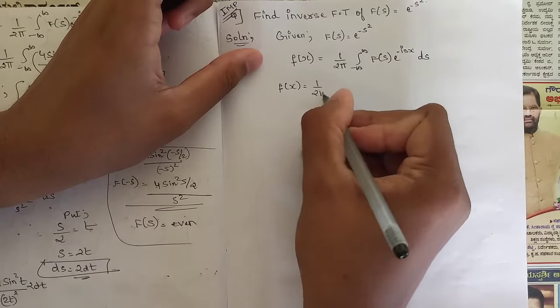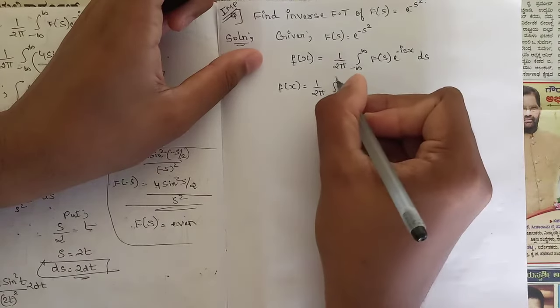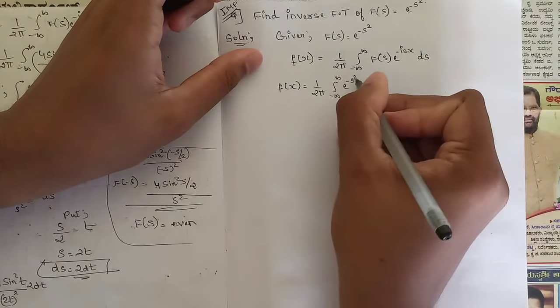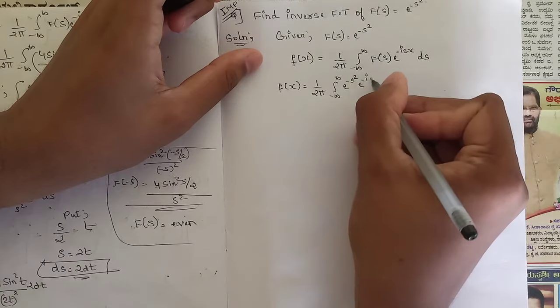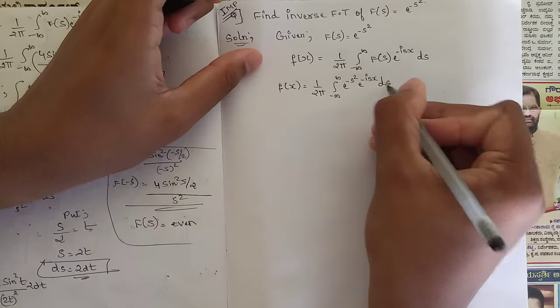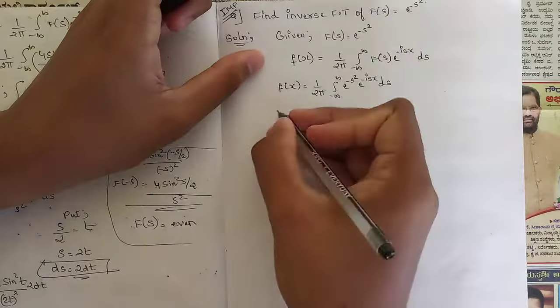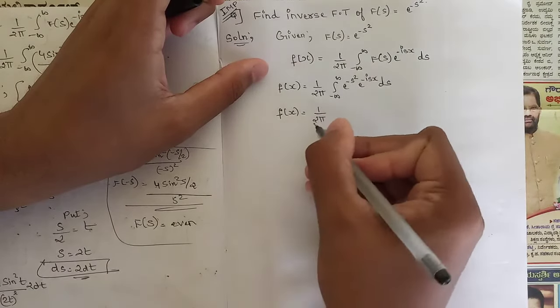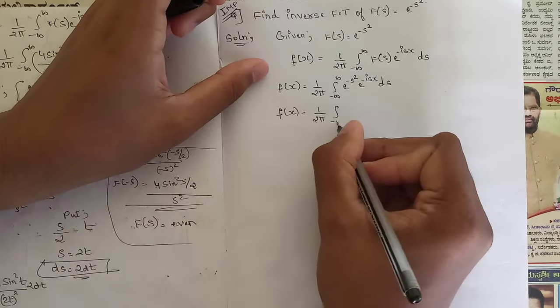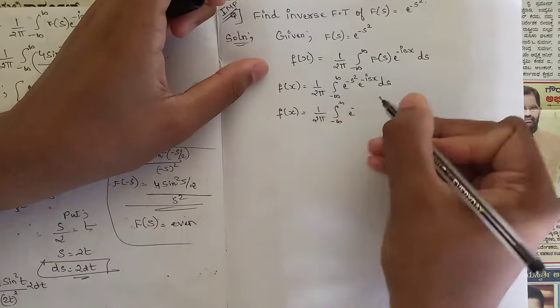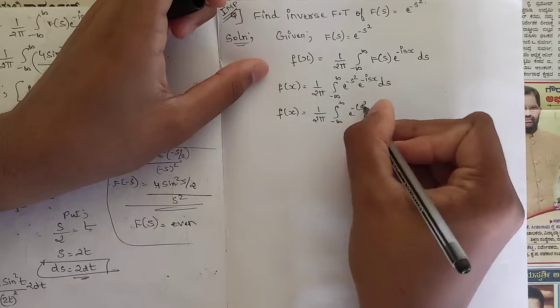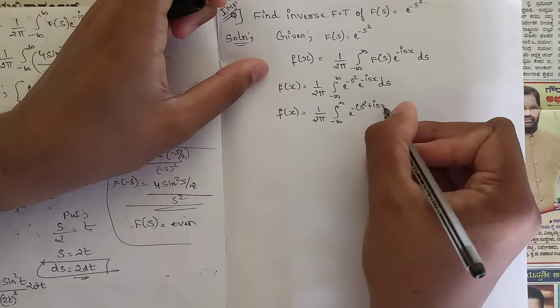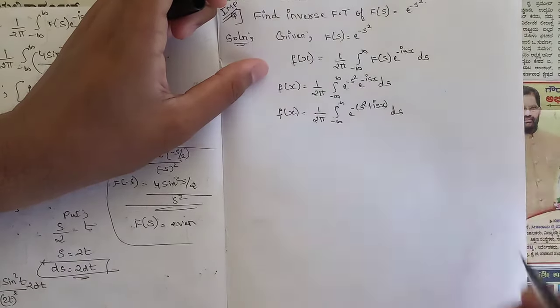Now let's put the value of F(s), e^(-s²), times e^(-isx) ds. Adding the powers, f(x) = 1/(2π) ∫ from -∞ to ∞ of e^(-(s² + isx)) ds, taking the minus common outside.